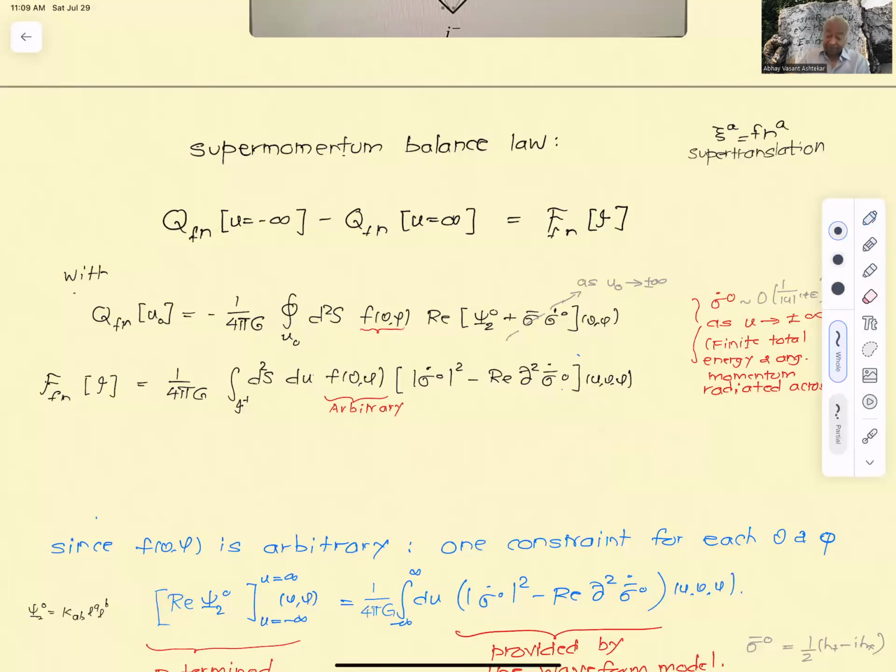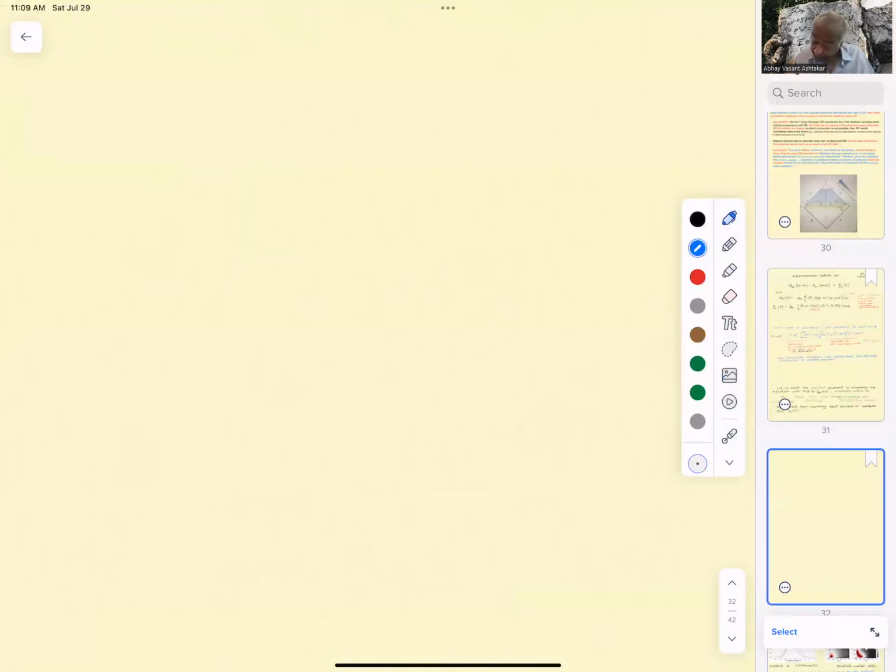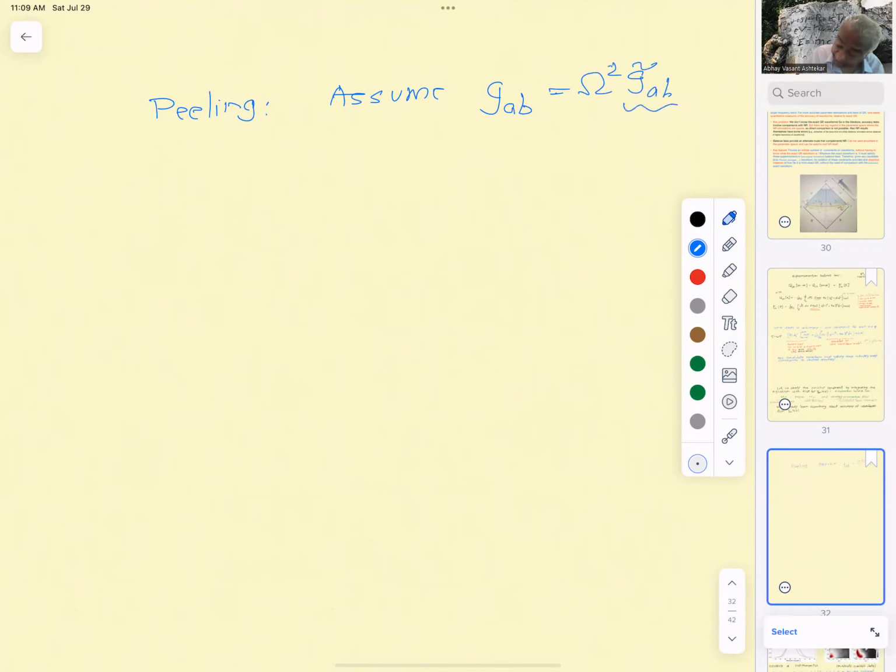These peeling properties assume that the conformally rescaled metric, so this is a physical metric, the conformally rescaled metric, they assume that it is C4.